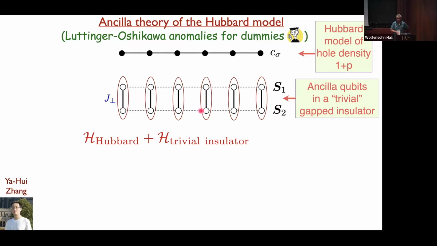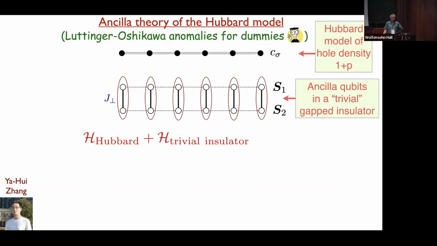So they just form these rung singlets, and there's a gap about J perp, and we think of J perp as being large. So this new Hamiltonian is an expanded Hilbert space, but the extra states, which are the excited states, are all above some energy about J perp, and so perhaps they don't influence the low energy structure.